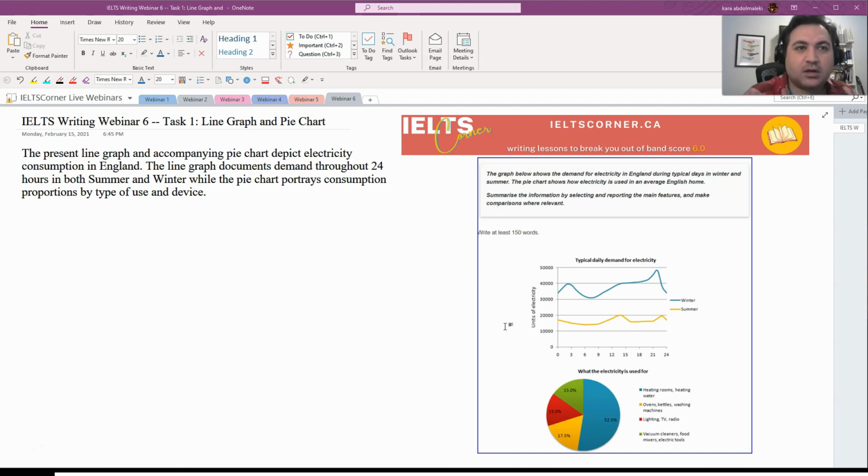What else? In the winter, the peak of consumption, as you know, when we're talking about electricity consumption, the peak of consumption becomes important. And here the peak of consumption is closer to midnight. Maybe before we talk about that, we probably have to talk about 0 means midnight, and 24 also means midnight.